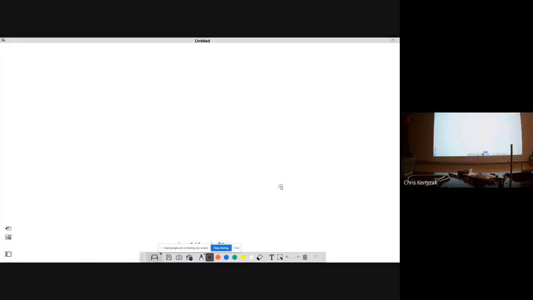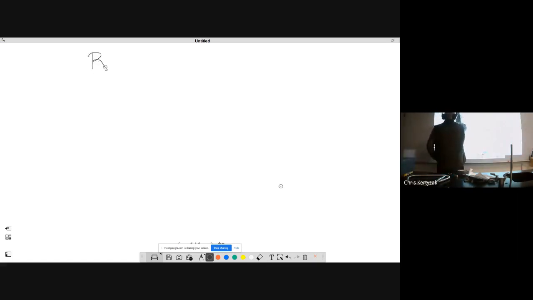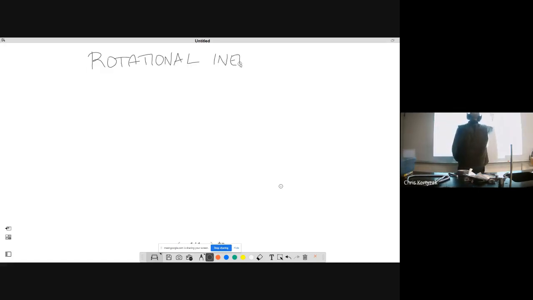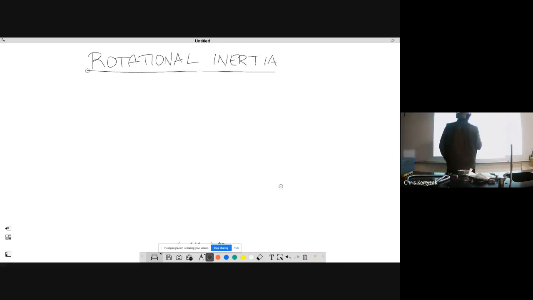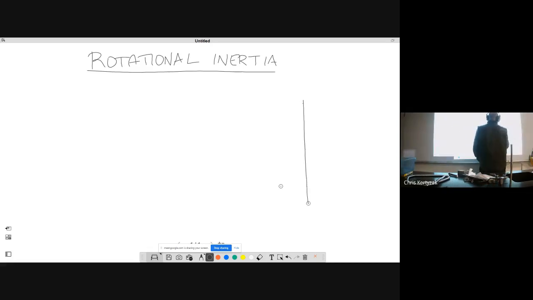So when we were talking about rotational inertia previously, what we were doing was referencing physical points, like in that first problem where there was a little ball attached to a rod at different spots, you might recall.